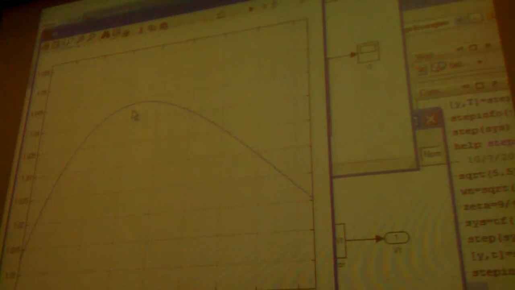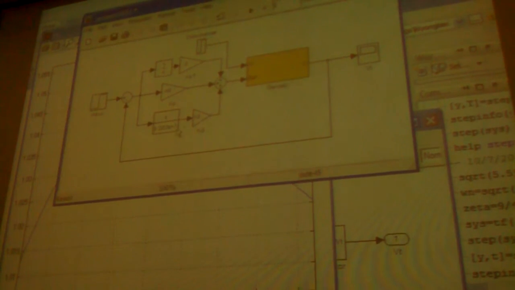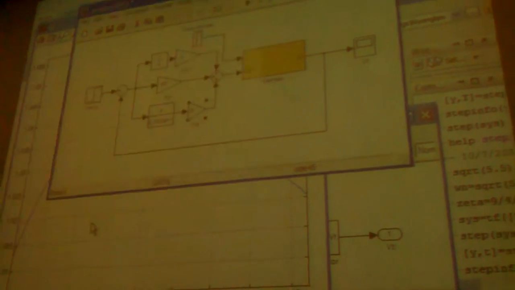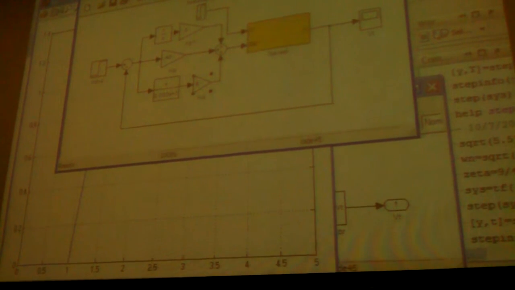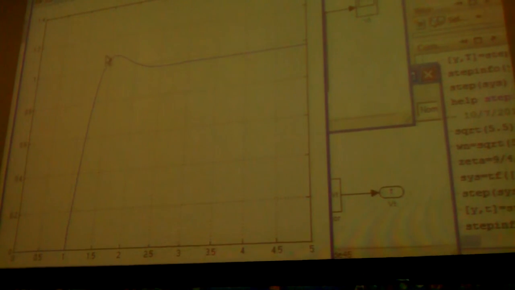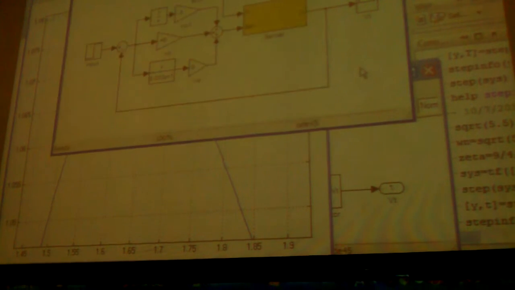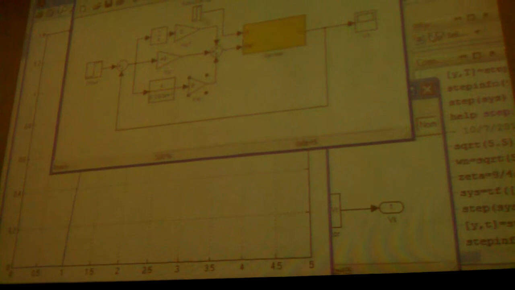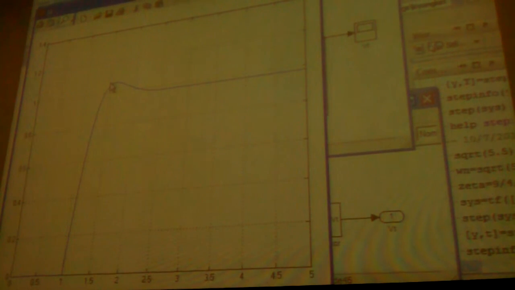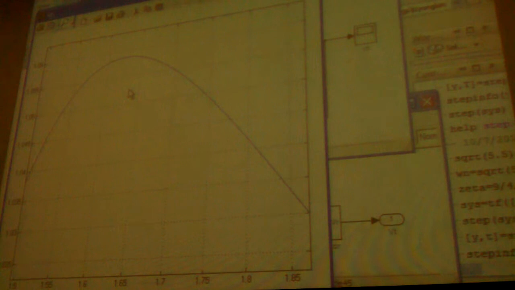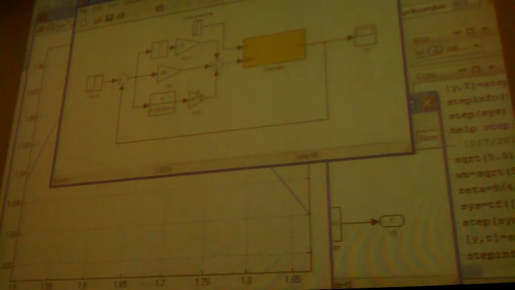At 5%, it's about 8 or 7 probably. 8 does not work. 9 doesn't work either, so the minimum is 10. 9 point something should work.